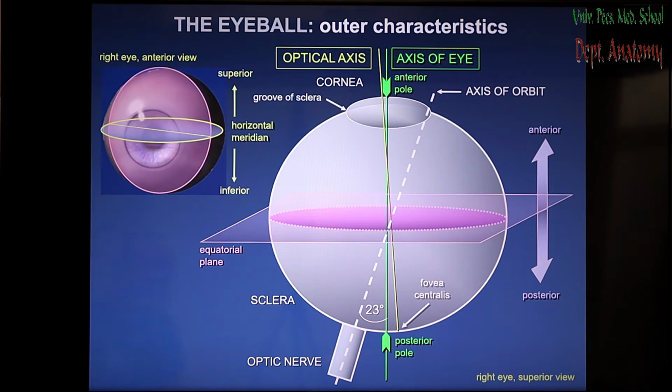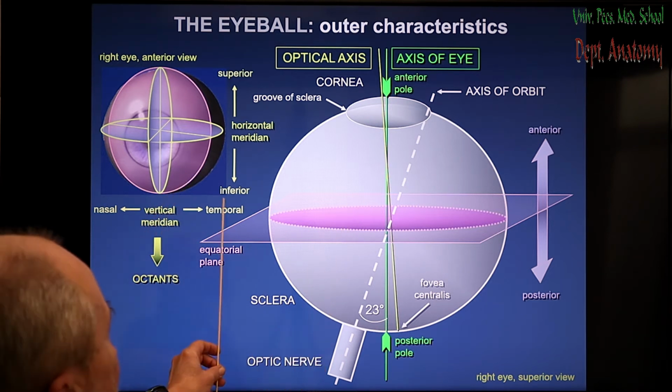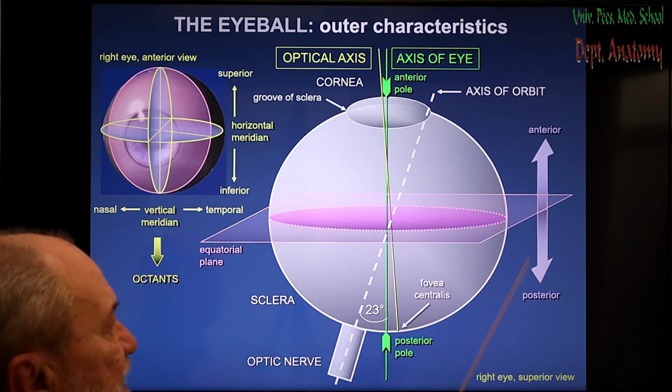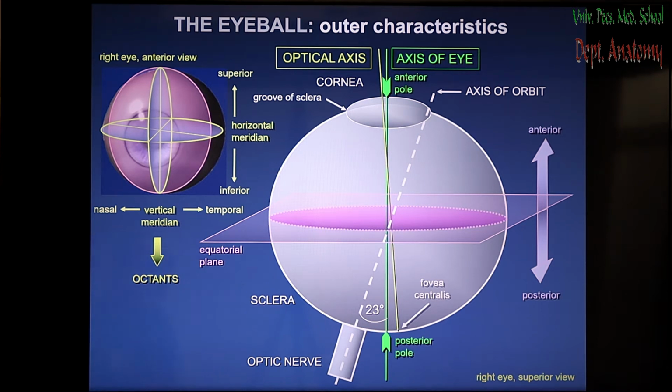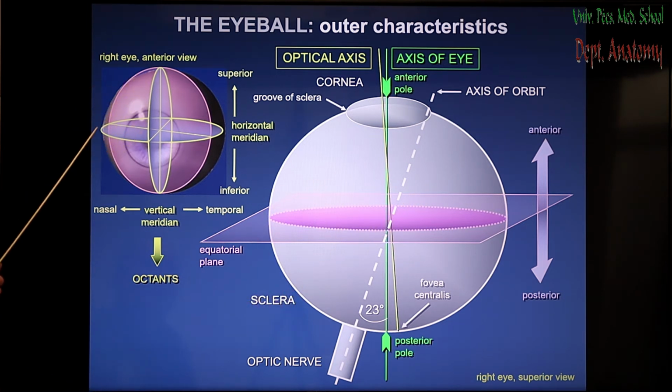By these two planes, 4 quadrants are produced within the eye, and perpendicular to each of the previous ones, the vertical meridian divides the eye into nasal and temporal halves, but if you consider all the planes, octants are produced. To name an octant, you should combine three different adjectives with each other. For example, that should be the anterior, nasal and superior octant of the eye.